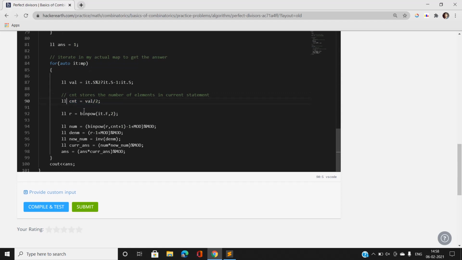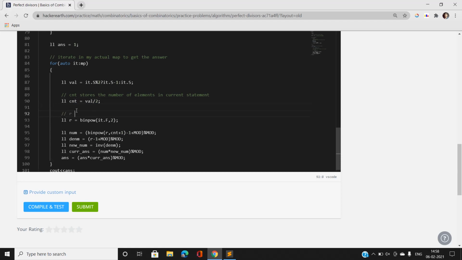So what is R here? Okay, R is the common ratio of our geometric progression.